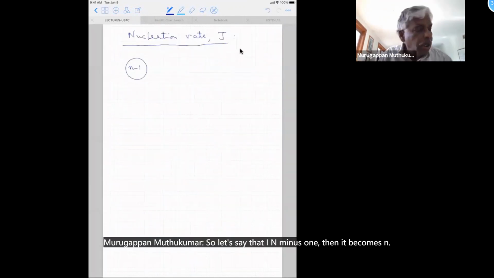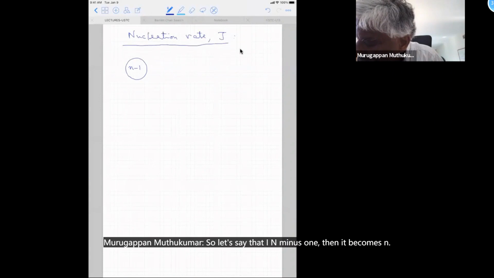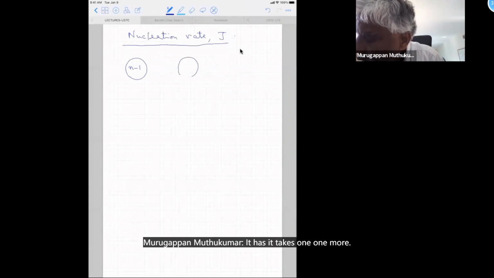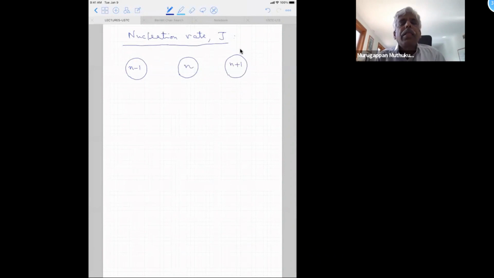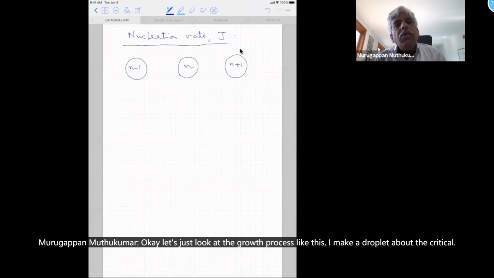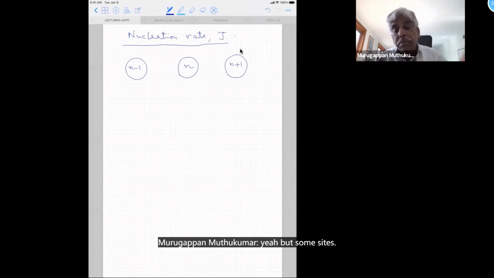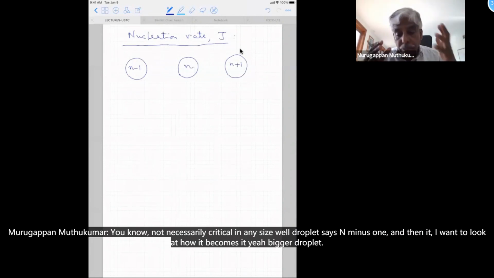So let's say there are n-1. Then it becomes n. It takes one more, and then it takes one more. The droplet gets bigger, n+1. Let's just look at the growth process like this. I make a droplet of some size, not necessarily critical, any size.